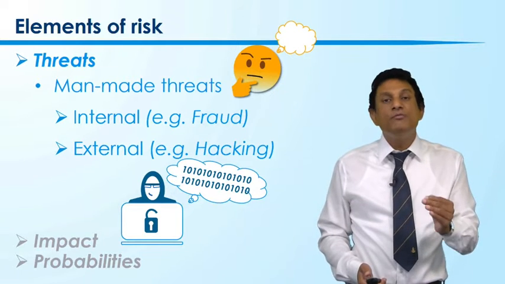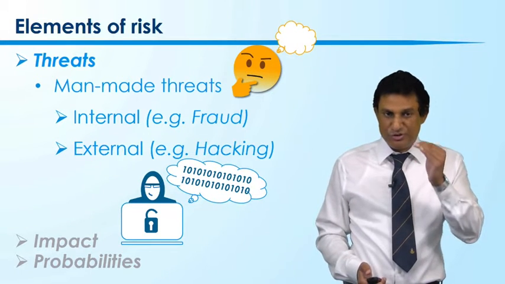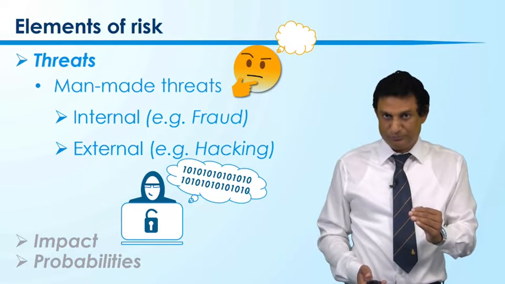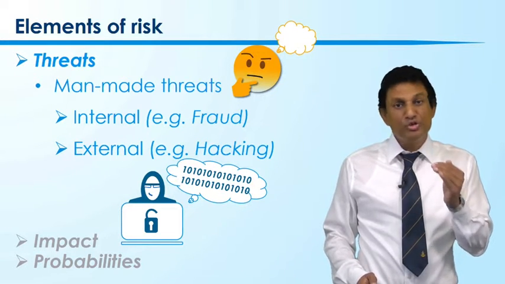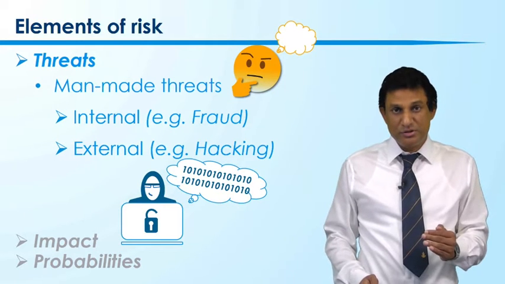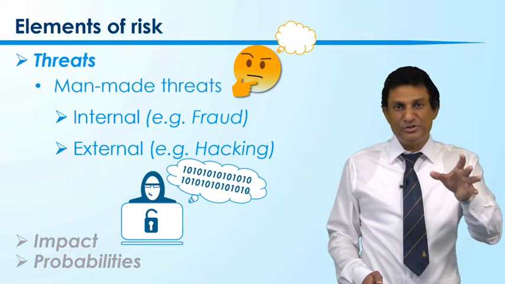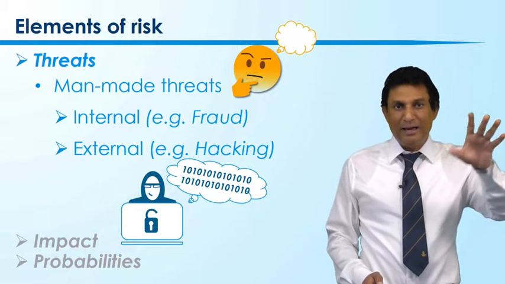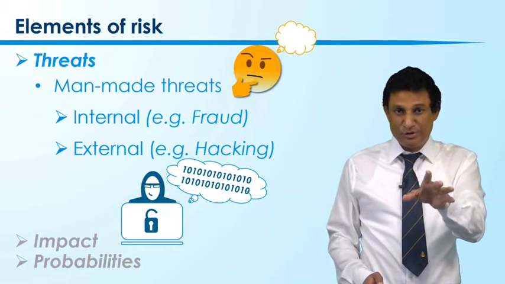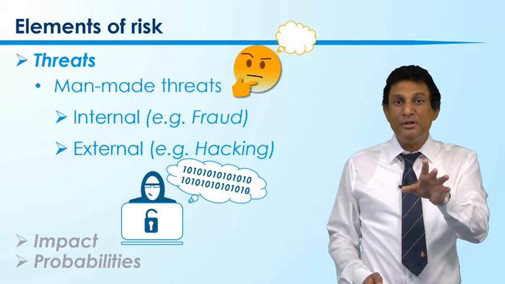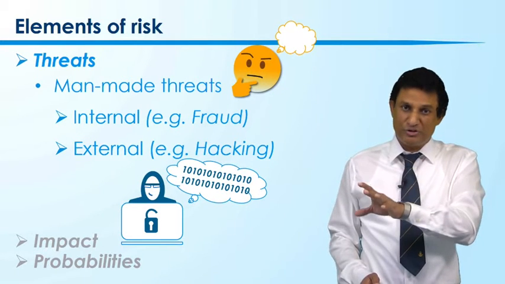Now, who can give you the highest damage? Is it internal or external? The internal man-made threats are more serious than the external ones, because an internal person within your organization has access rights to your data and your business processes, so they can damage you the most compared to external.